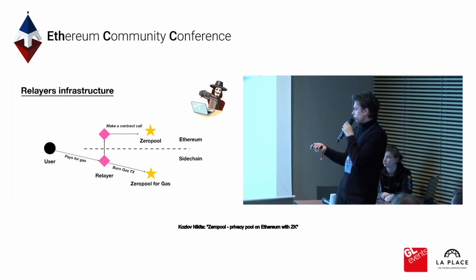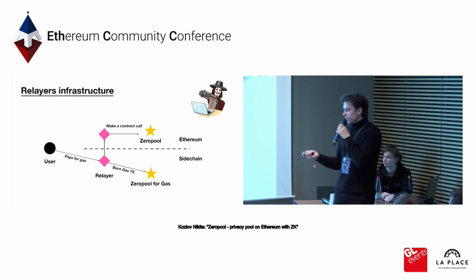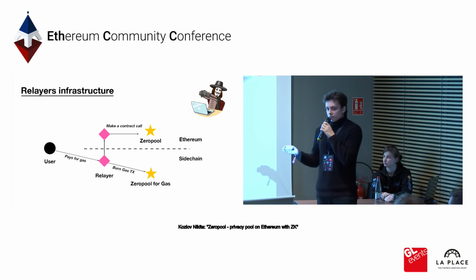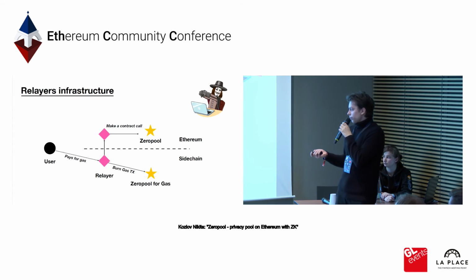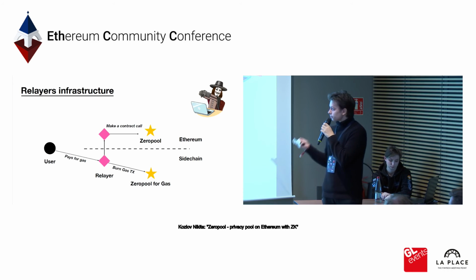One of them is on Ethereum, and one of them is on the sidechain. Each time you pay for gas, we burn some UTXO that proves that you paid for your gas on the relayer. It's a bit easier solution for the testnet for us, and soon we will use only Ethereum mainnet and Ethereum relayers infrastructure.